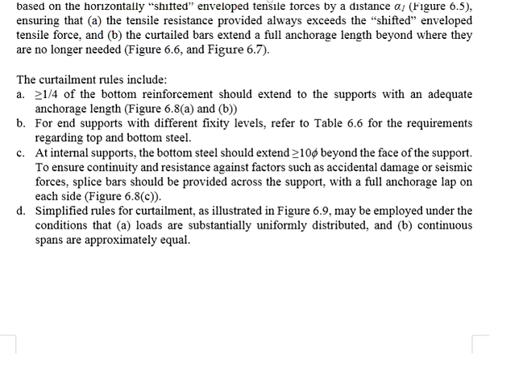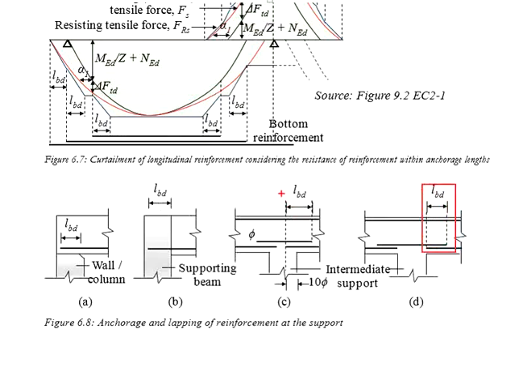The purpose of doing this is to ensure continuity and resistance against factors such as accidental damage or seismic forces. Your splice bar should be provided across the support with a full anchorage length on each side. Something like this or this.